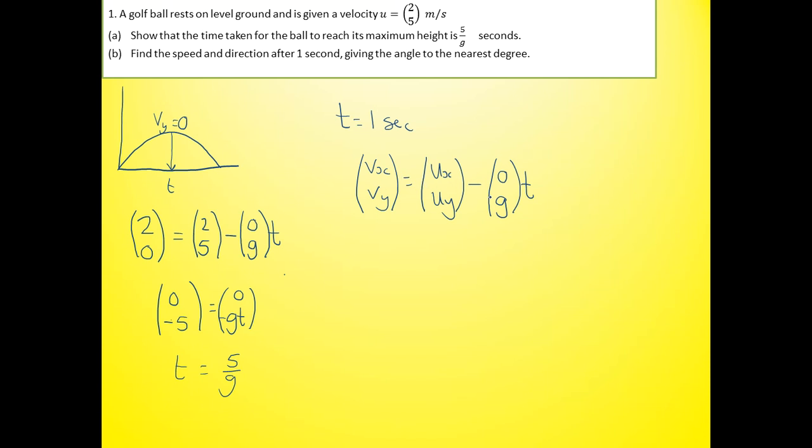Now in the horizontal, obviously this cancels, which just means our Vx is equal to our Ux. So in this bit we've got U is equal to 2, which means that we end up just getting 2. And I'm going to leave Vy the way it is.